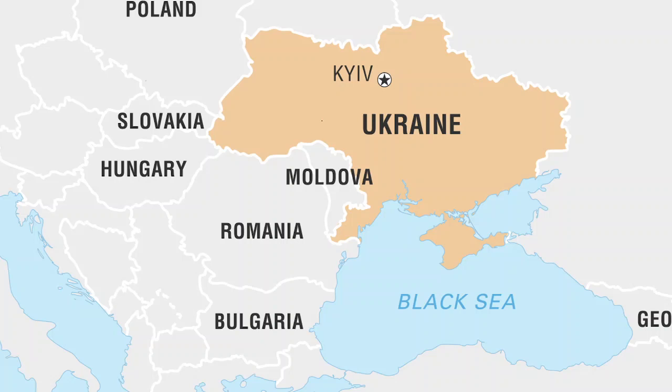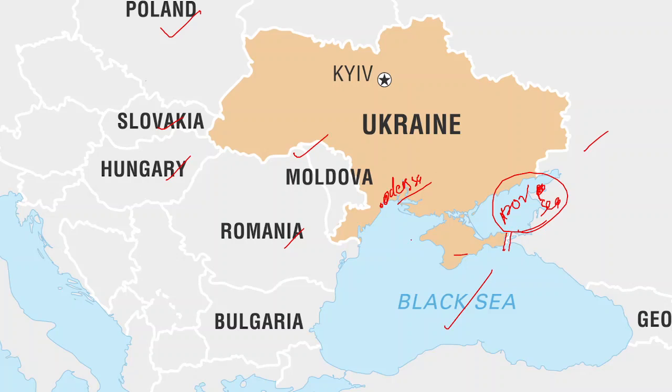You can see here Poland, Slovakia, Hungary, Moldova, Romania, and Russia. These are the neighboring countries. Here is the Black Sea and the Odessa port. Here is the Sea of Azov, and the Strait of Kerch lies here.